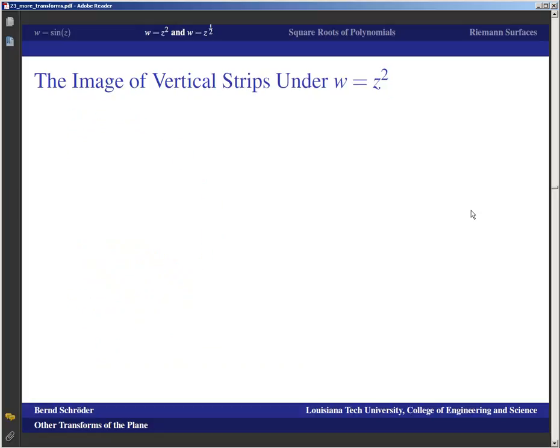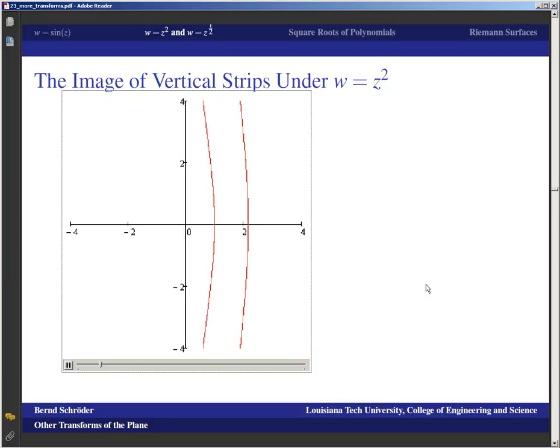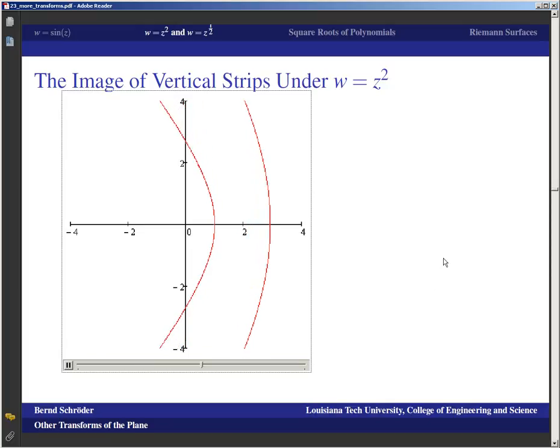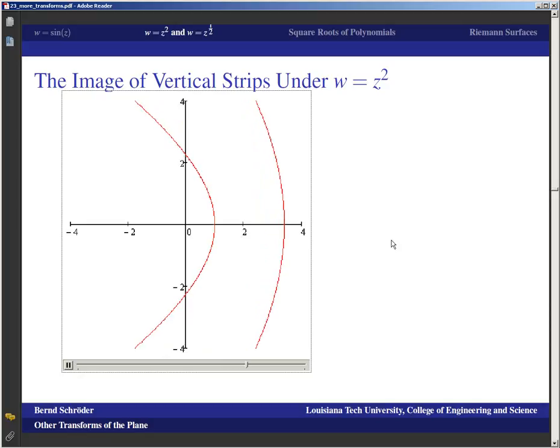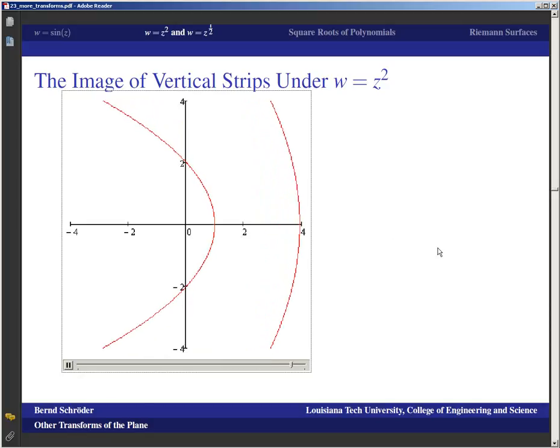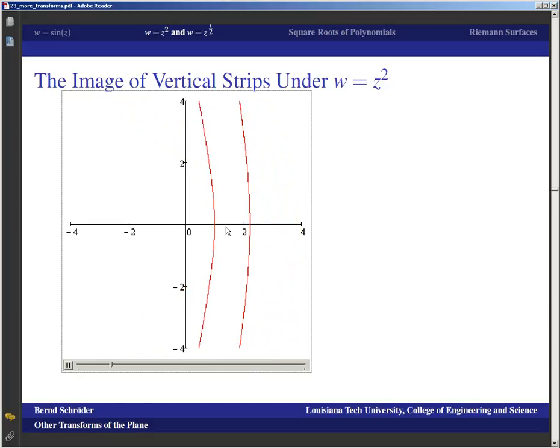Okay, if we're looking at vertical strips, then, well, if we're looking at the strip 1 smaller equal x smaller equal 2, then of course that becomes bounded by two parabolas, and if we're too close in on the animation, then it may even look as if that just remains a strip.